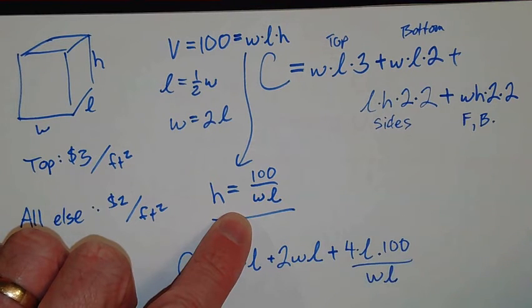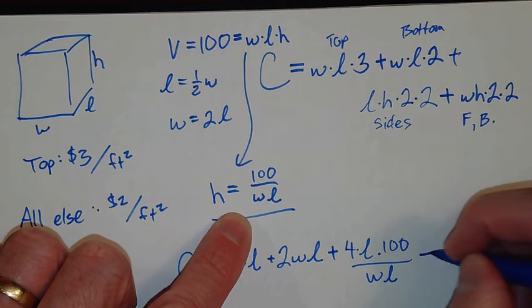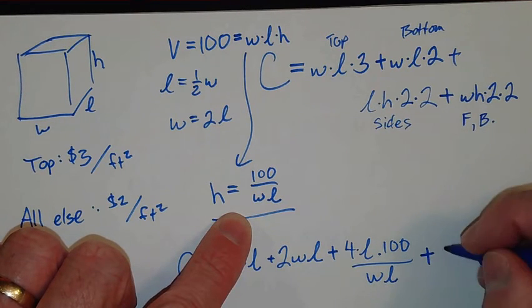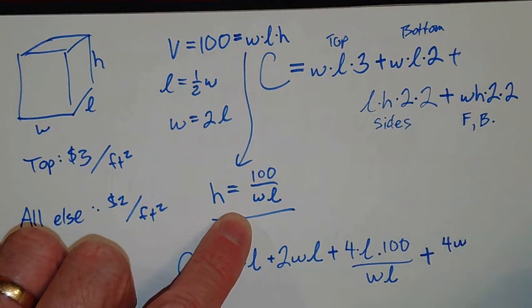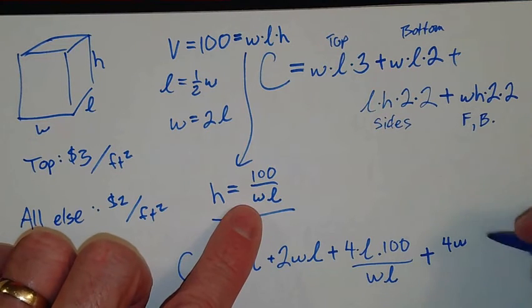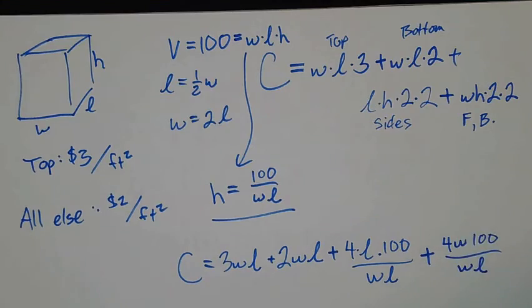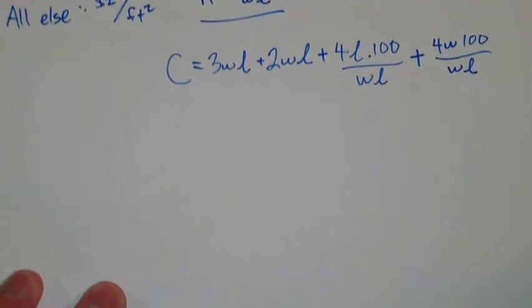And those L's will cancel out. That 4 times 100 will become 400. And then here I've got, again, 4W times H, and I'll replace that H with 100 over WL. And again, those W's will cancel out.